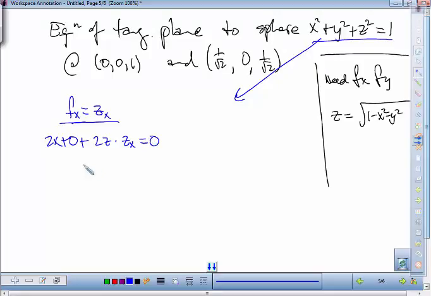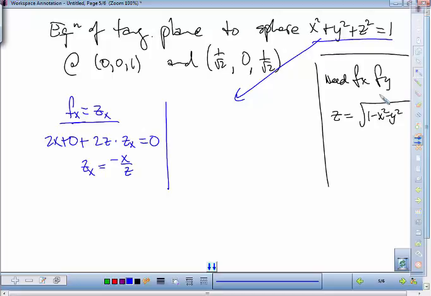So we solve for zx, we're going to get negative x over z, because they'll be negative and the 2's will cancel. So now that was a lot easier than taking the derivative of square root. I mean, which we could do easily, but now we got something that was a little bit easier. Yeah, that's what I'm saying, this thing raised to the negative 1/2.